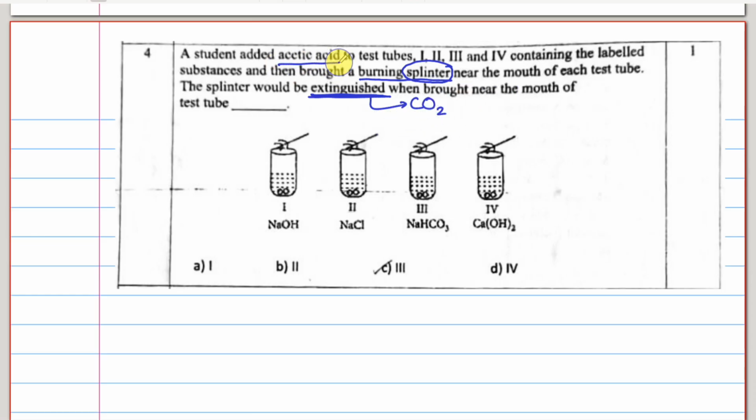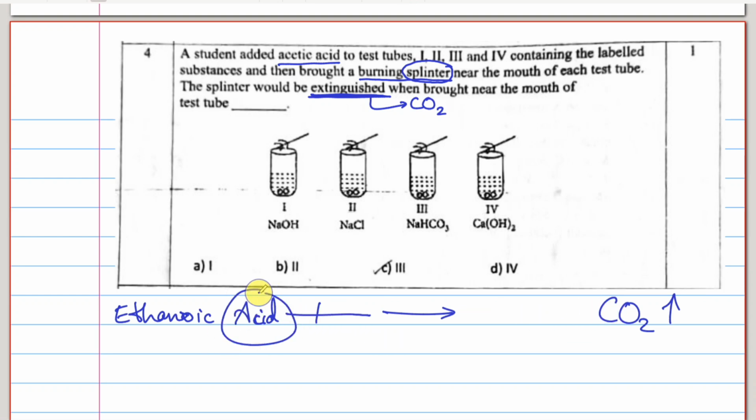So which chemical are they using? They are using acetic acid. We know acetic acid is ethanoic acid. And this ethanoic acid should react with something to produce or release carbon dioxide gas. We know only one such reaction in which ethanoic acid releases carbon dioxide.